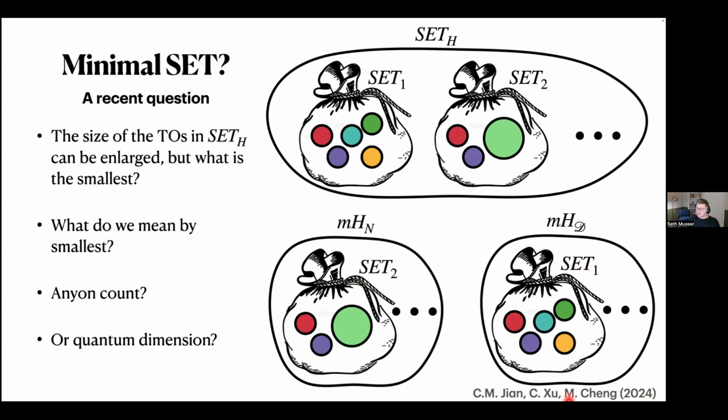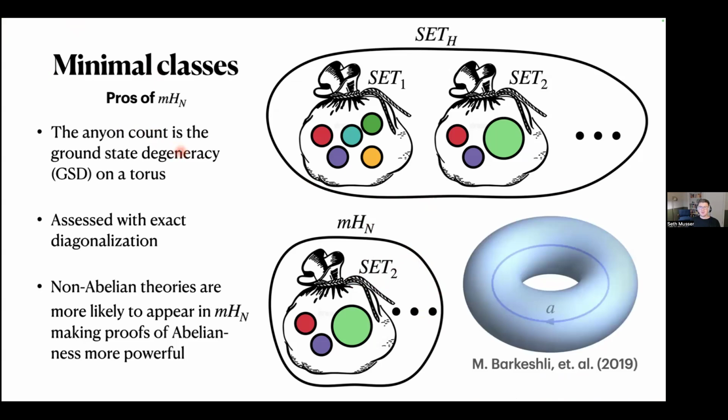A great recent paper by Qiaoming, Chunka, and Meng thought about the minimal class according to quantum dimension. But I want to make a case for the other minimal class. Both are totally fine, but I think this other minimal class can provide valuable insights.